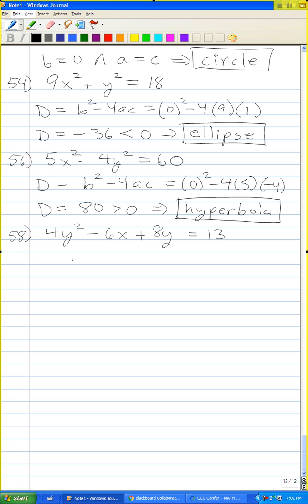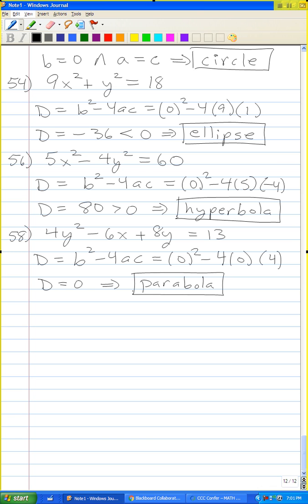And so my discriminant is equal to b squared minus 4ac, which in this case is 0 minus 4 times a, which is 0, times c, which is 4, and so my discriminant is 0. And so that says that this is a parabola. Notice that I only have one square term, therefore it is a parabola.